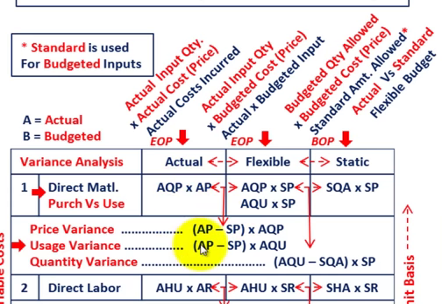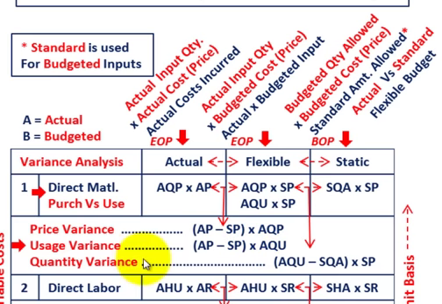For our usage variance, we can look at it in these terms. For your flexible or budgeted amount, that's the actual quantity that you used times the standard price. So for our usage variance, it's the difference between our actual price and our standard price, times the actual quantity that we've used.